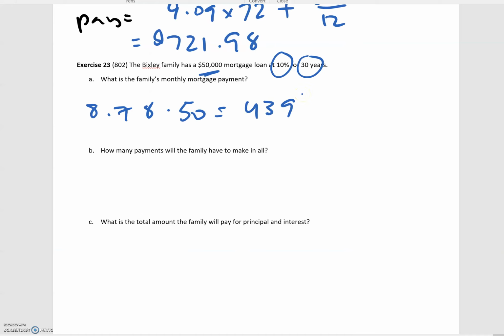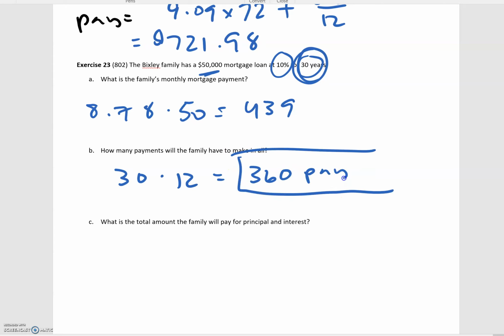How many payments will the family have to make in all? This is a 30-year loan with monthly payments, so over 30 years, you have 12 months each year. We're looking at 360 payments. All right, so what is the total amount the family will pay for principal and interest?